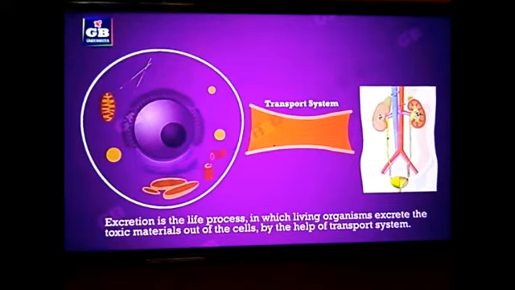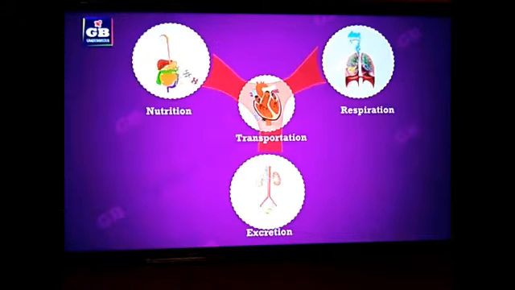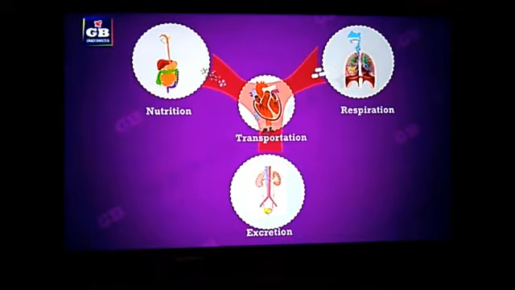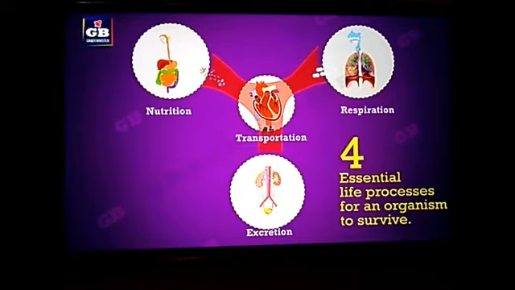Transportation is the life process that helps in the transport of materials in nutrition, respiration and excretion. So, nutrition, respiration, transportation and excretion are the 4 life processes essential for an organism to live.